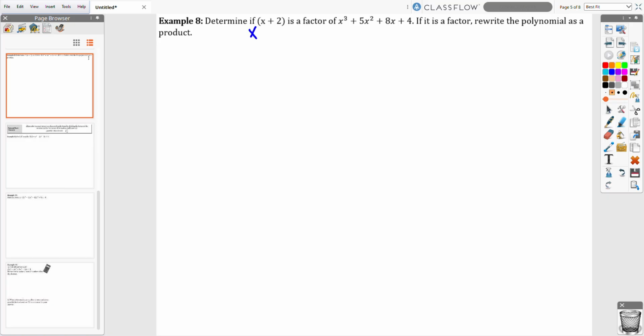So remember to figure out the number that goes in the little box, we take our divisor and set it equal to 0, and we get -2 for our x. So this is the number that's going to go in the little box there. Also remember to set up your synthetic division. Across the top, we're going to take the coefficients from our dividend, which are 1, 5, 8, and 4.